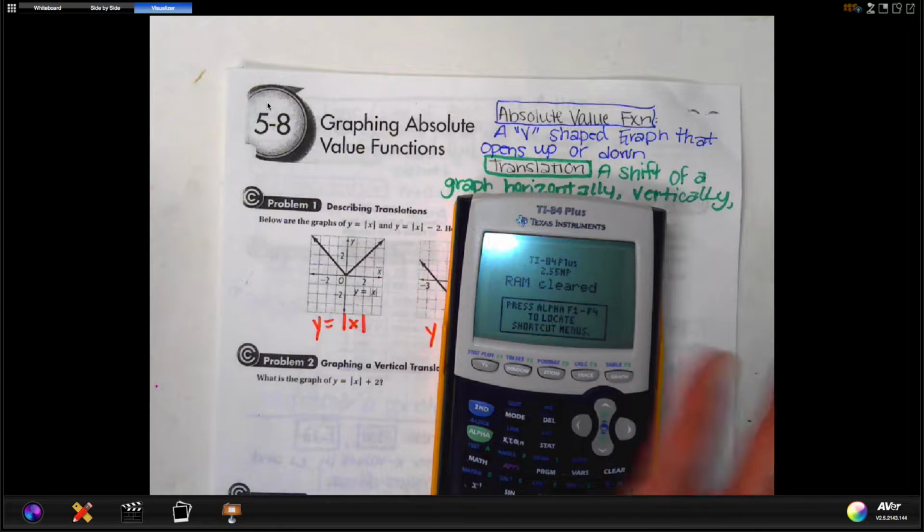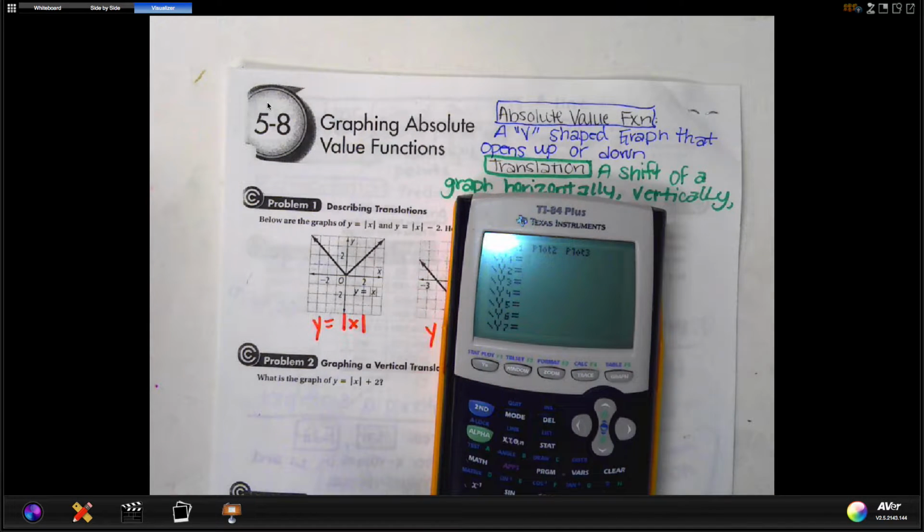So you can put these in here. So let's do this so you know where it is. If we wanted to put y equals the absolute value of x, if you look at the buttons, there's no absolute value button. But there's extra buttons.